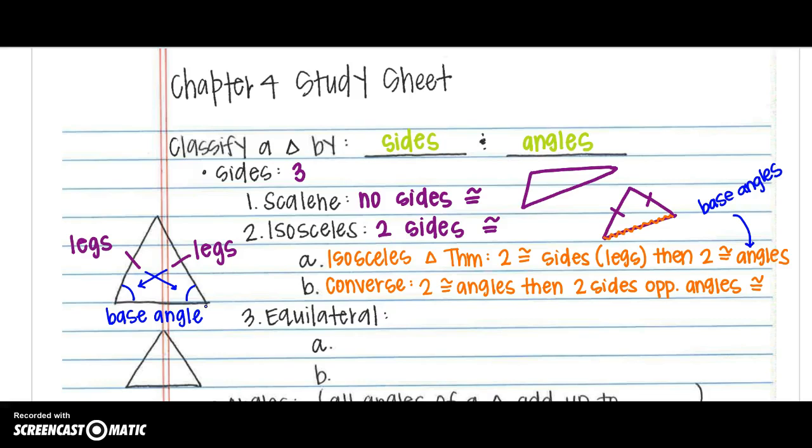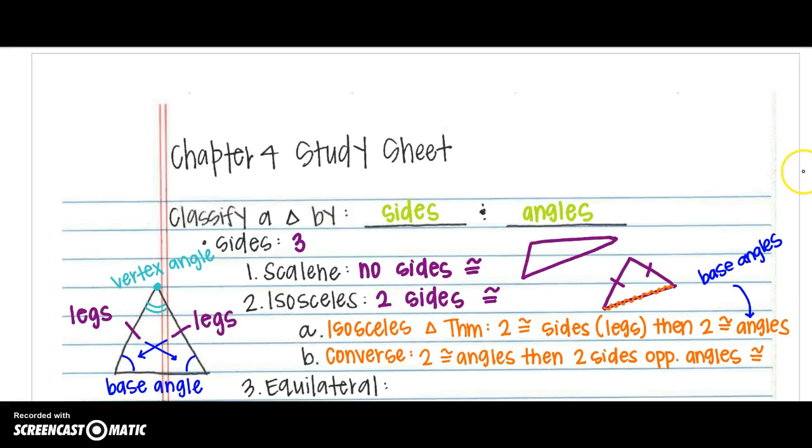And then just the converse, just flipping it around, if my base angles are congruent, then my legs will be congruent. We also actually talked about this angle up here being called our vertex angle. The angle that's included between the 2 legs, we said, or just the other angle.